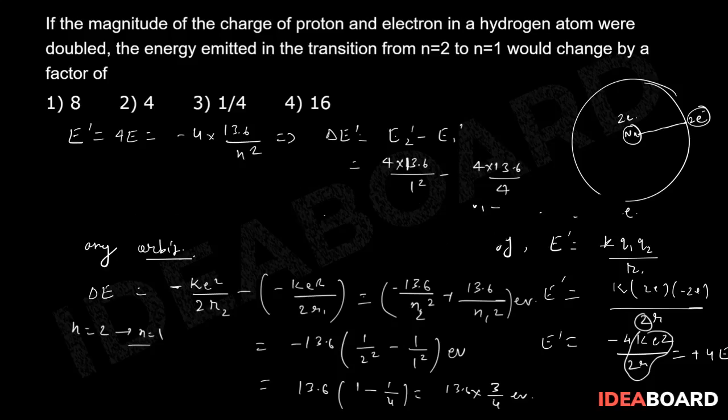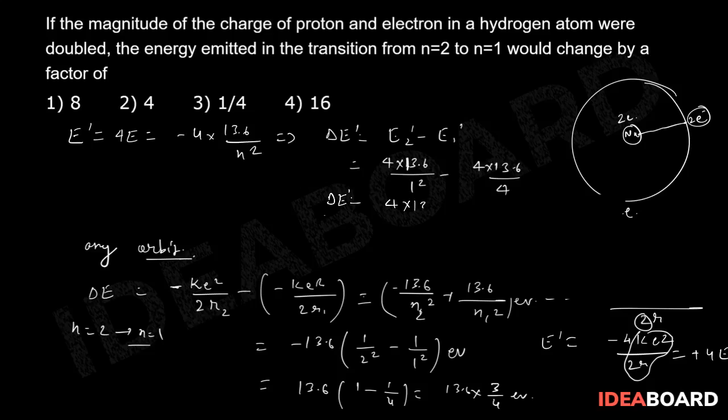If you solve it, what do you get on solving? You can take common 4 into 13.6, so delta E dash is equal to 4 into 13.6 into 1 minus 1 upon 4, so simply this will be 4 into 13.6 into 3 by 4.